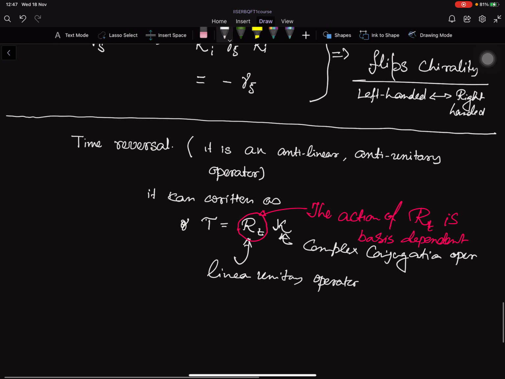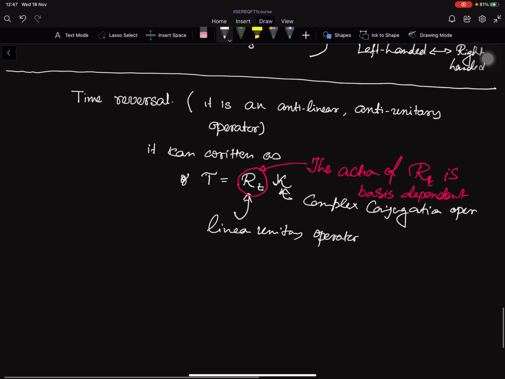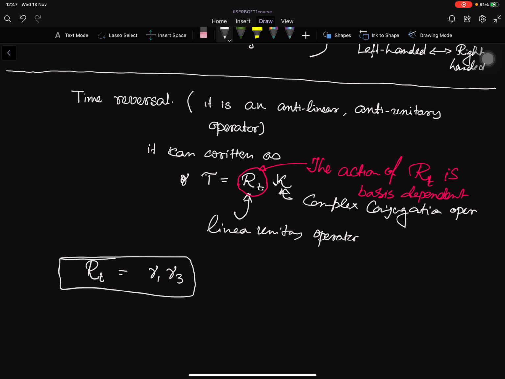So in our particular case, you can check that RT just becomes gamma 1 times gamma 3.